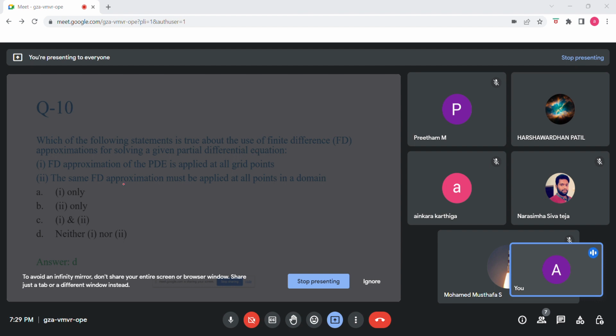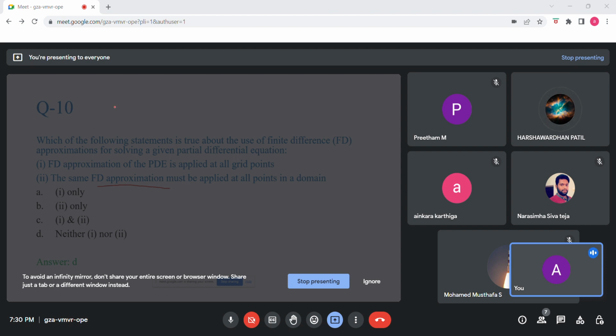The same finite difference approximation must be applied at all points in the domain. If it is a complex geometry, the same finite difference approximation is not applied at all the points. In most programs, it would be changing to suit the complexity of the geometry.